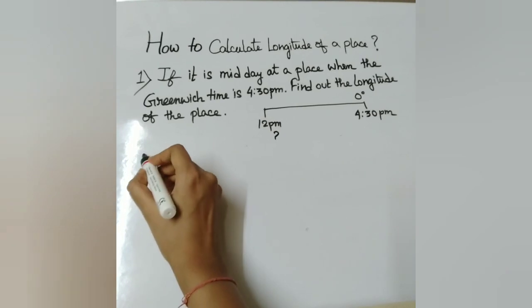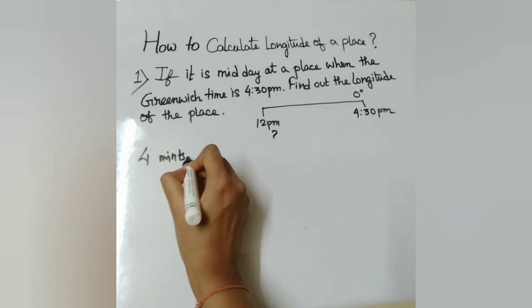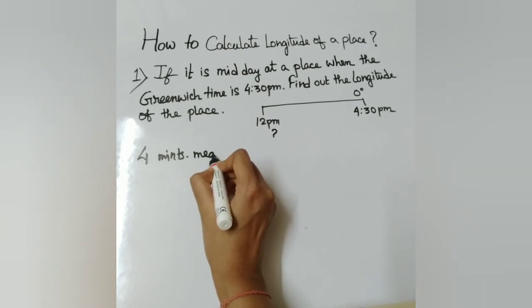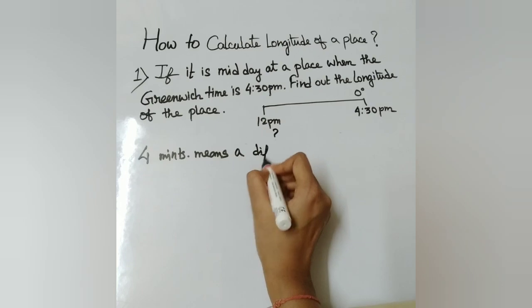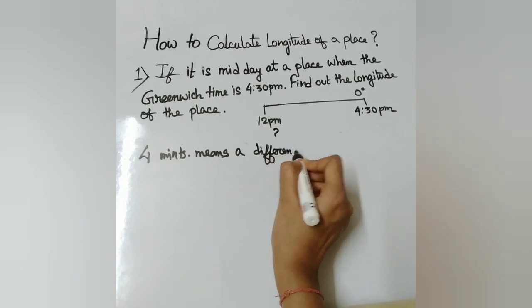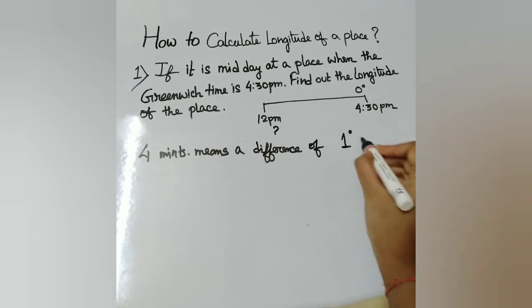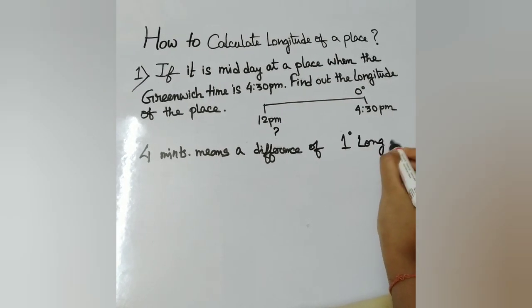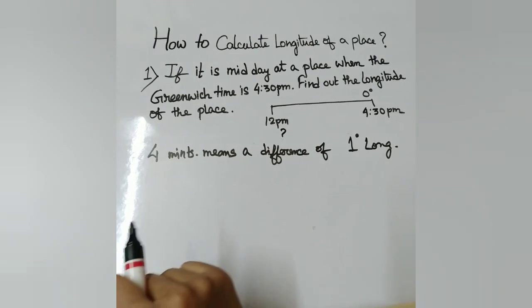In the next line we are going to write: 4 minutes means a difference of 1 degree longitude. That means we already know the difference of each longitude is 4 minutes.